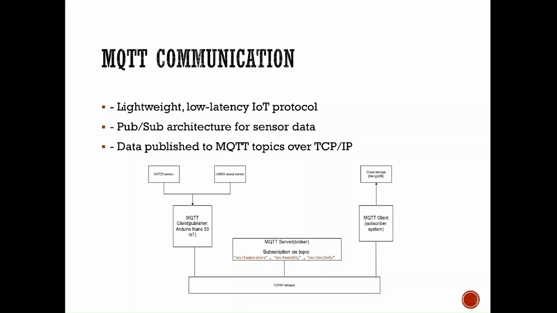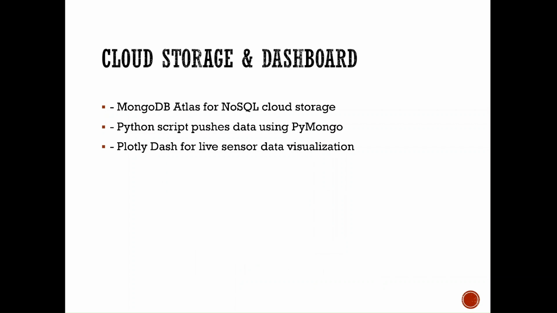This is the MQTT communication, which is really lightweight and TLS based, which ensures that our connection is secure and the data is transmitted without any security concerns and is encrypted. So this is the cloud storage I've already discussed.